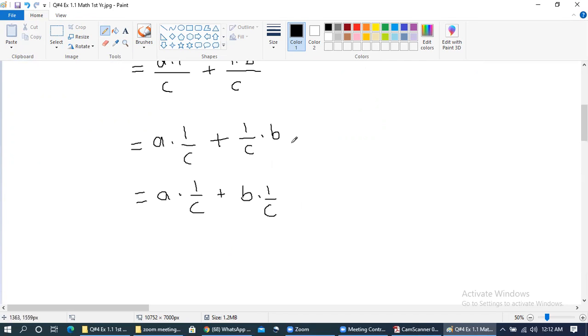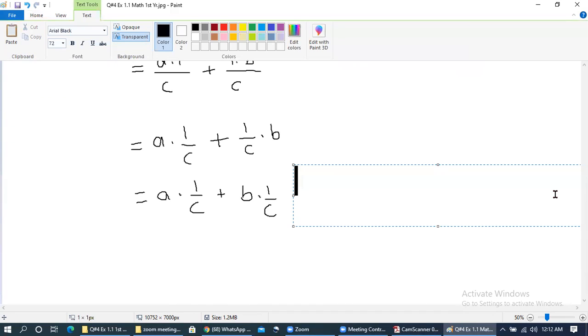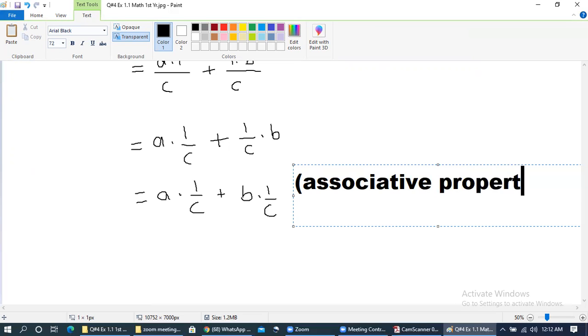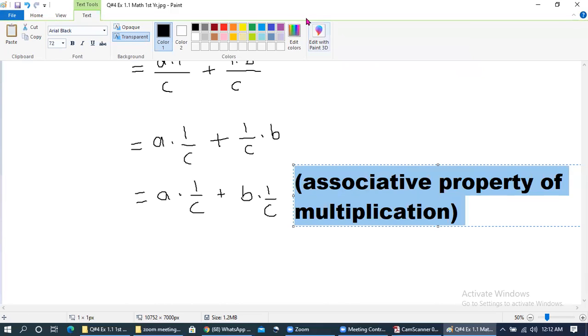This is actually the associative property we have used, the associative property of multiplication, because we have changed the arrangement here.